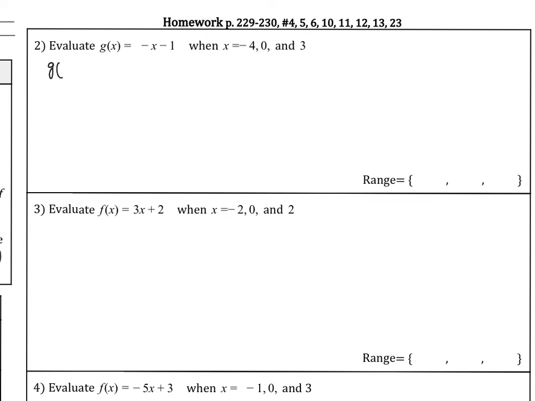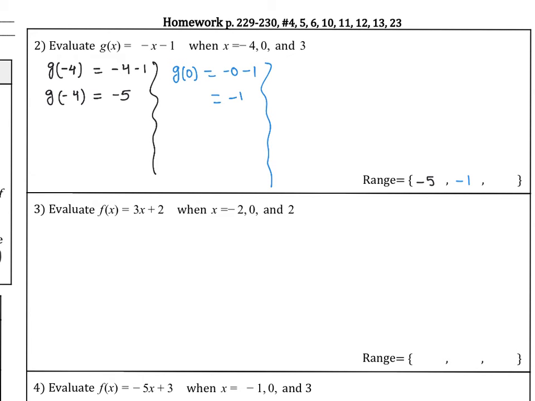First we plug in x as -4 and find the range, or y value, at x = -4, and that's -5. The next is g(0), which is 0 - 1, and that's -1. The next is g(3), which is -3 - 1, and that's -4.